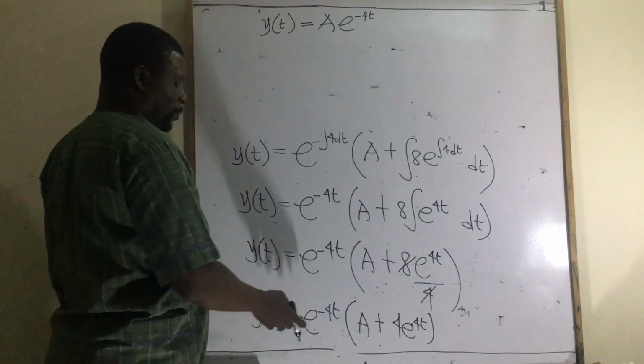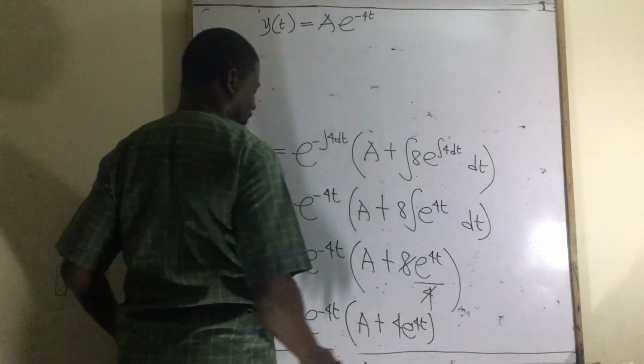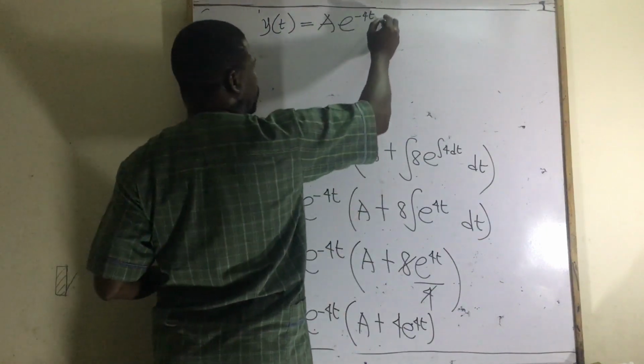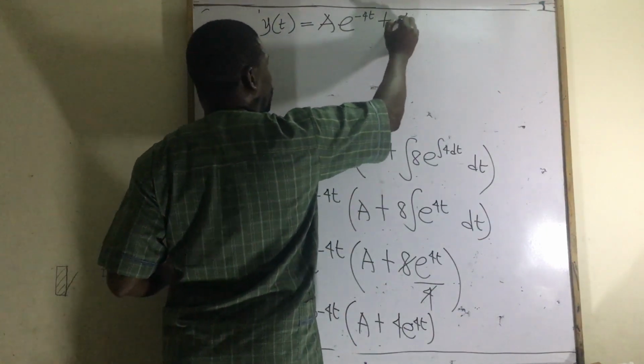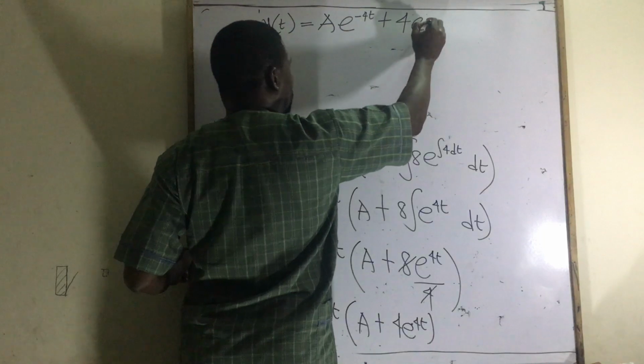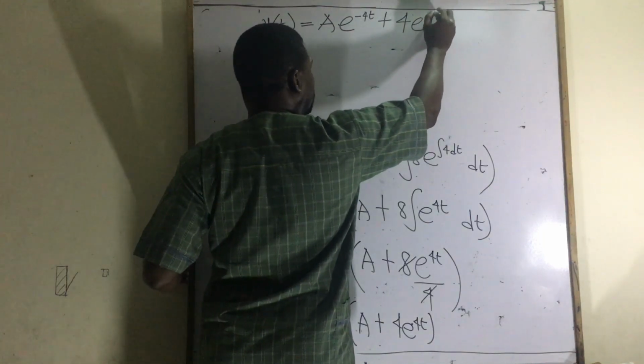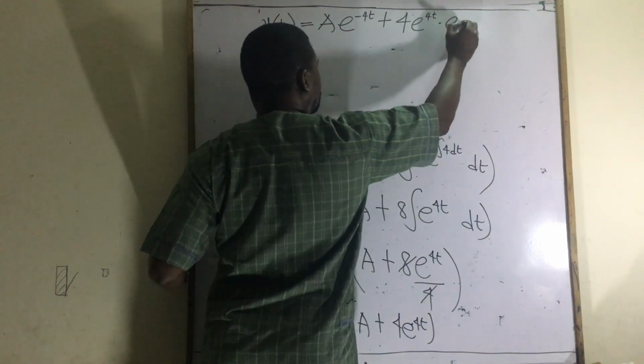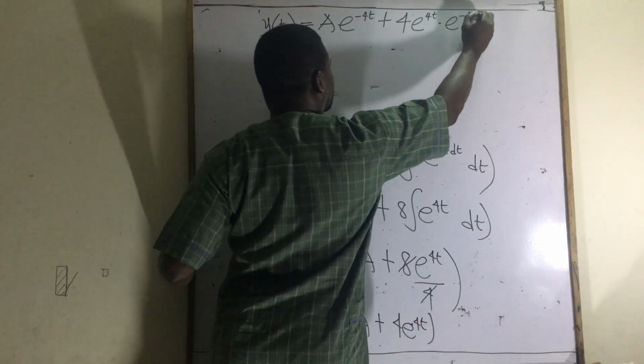So then you multiply this and this together. So that is going to be plus 4e^4t dot e^-4t.